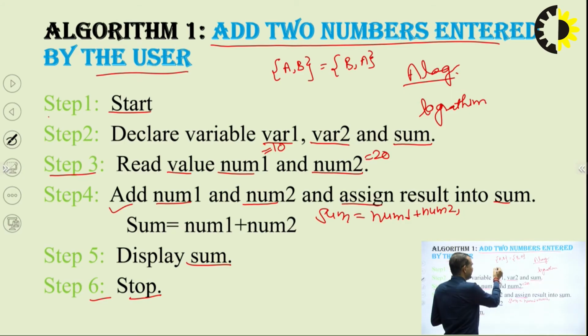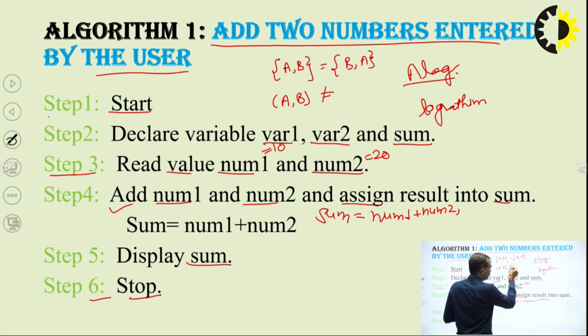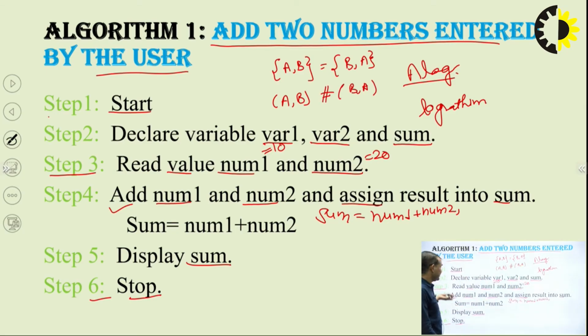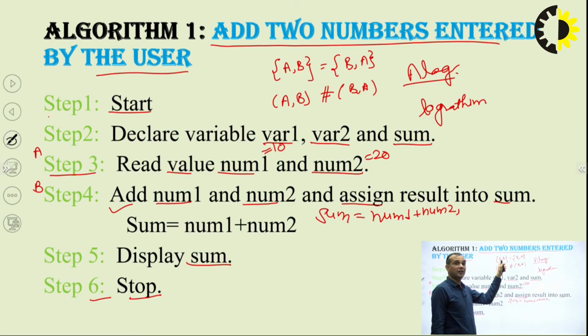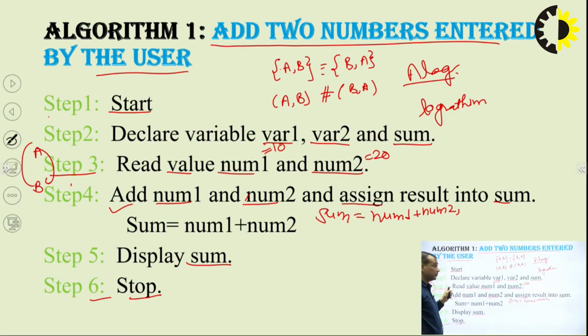Clear? Same here. If we use A and B, it is not logically equal to B comma A. So suppose in this algorithm, if I write this is A and this is B. According to set theory, A and B is equal to B comma A. So if I replace B here and A here, it is true, but our algorithm is then not true.